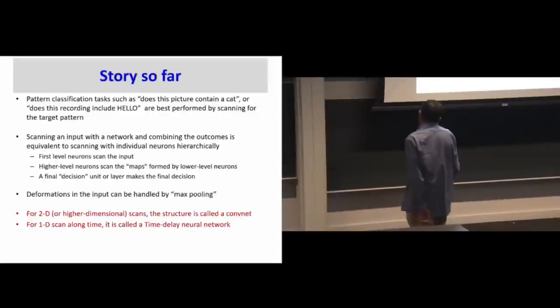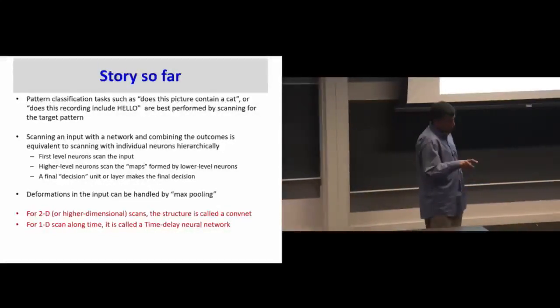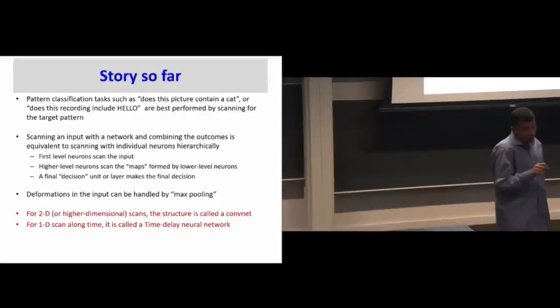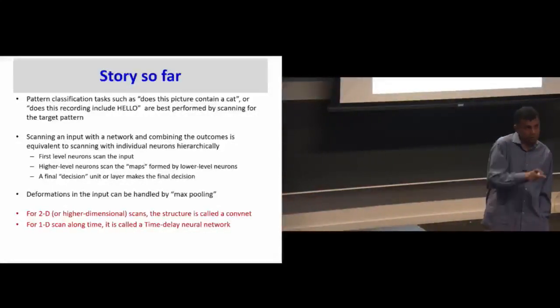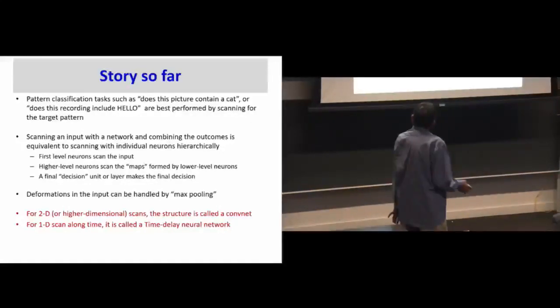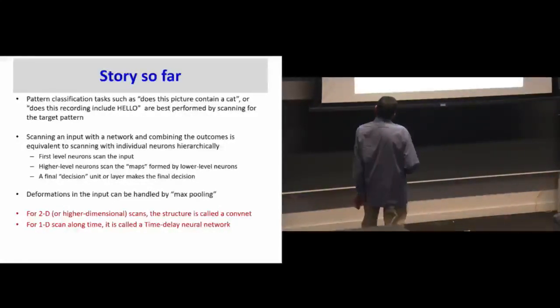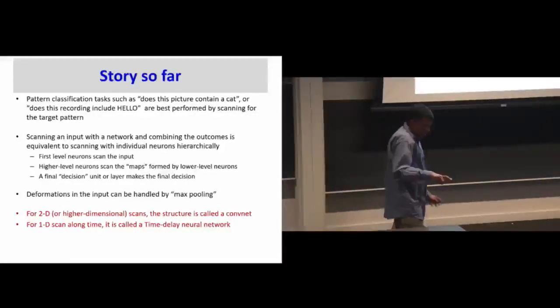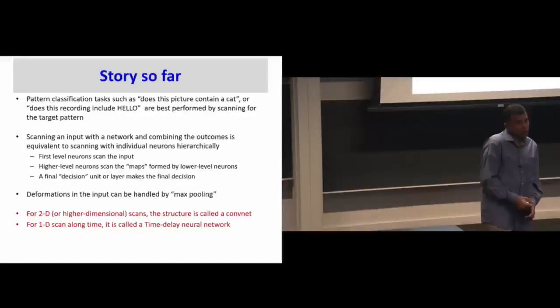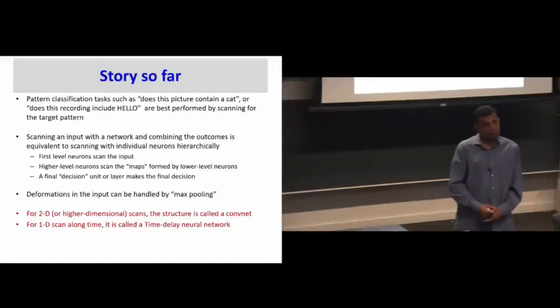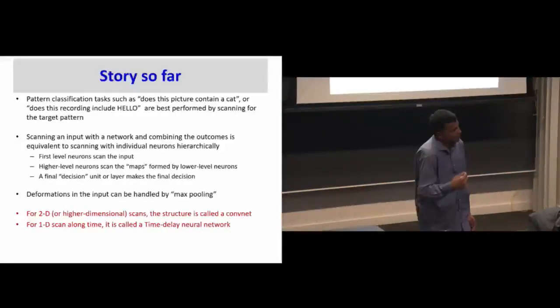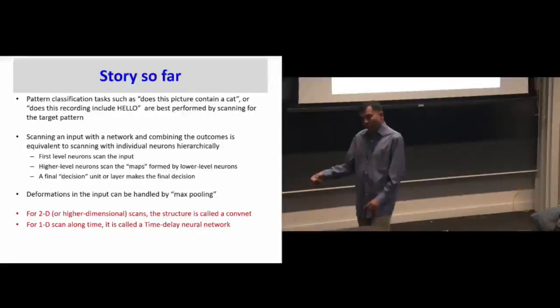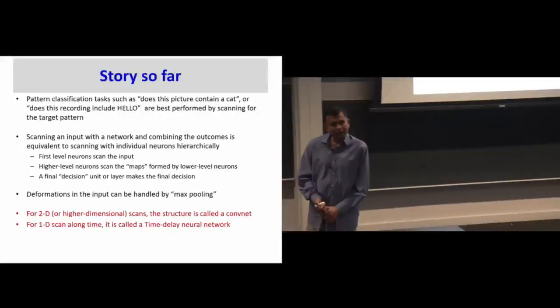For two-dimensional or higher dimensional scans, we call it a convnet or a convolutional network. For one-dimensional scans, like in the case of speech, we called it a time delay neural network. So scanning the input with an entire network was equivalent to scanning the input hierarchically with the individual neurons and combining the scanned maps in the appropriate manner.